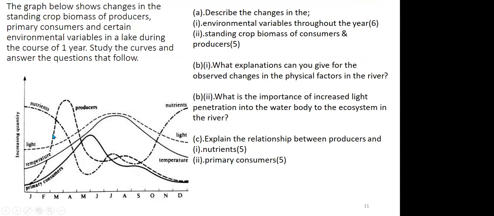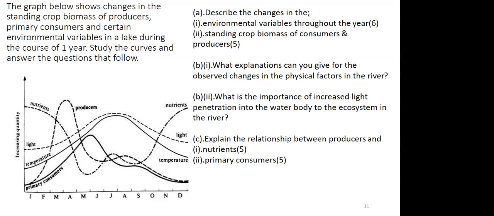Okay, but of course when the temperatures continue rising, then the algae population goes down. Of course, one of the reasons could be the primary consumers which are feeding on them, but also the increase in the temperature may cause them instead to start decomposing. Okay, and so that could also cause their decrease.